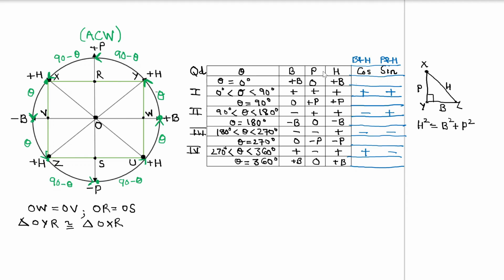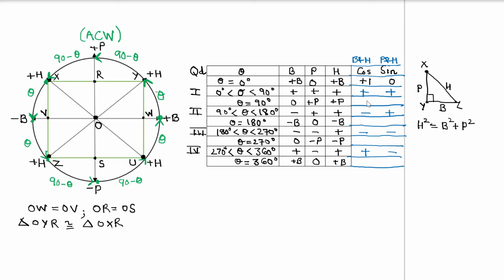Last but not the least, now when I know that if I have to find out the value of theta equal to 0 degrees, so cos of theta when theta is equal to 0 degrees, we know that cos 0 degrees is plus 1. And here we know that sine involves P upon H, so this becomes 0.